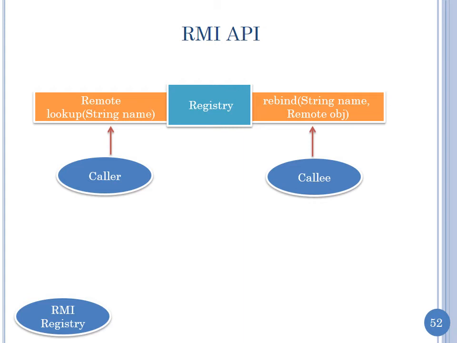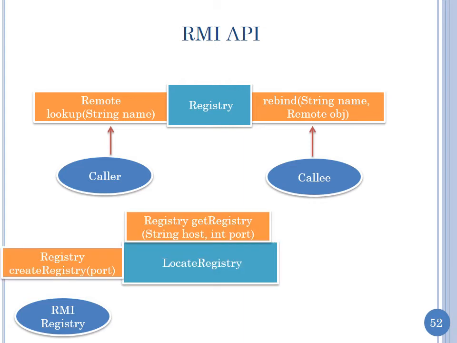A name server is essentially a factory that is remote. And then the question was, how do you get a reference to the registry object? How do you get a proxy to it? So that's a bootstrapping problem. There are some static methods that you can execute on a static class called LocateRegistry, and you can use a static method to actually create a registry object in any process.